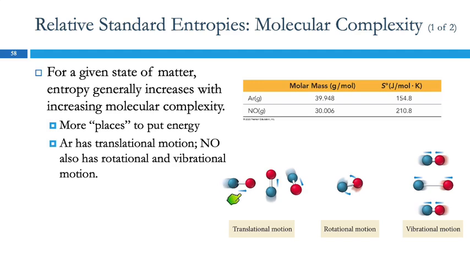Well, the NO molecule also has translational motion. It can move through space. But in addition to that, it has rotational motion. It can spin, and vibrational motion, where that bond can stretch and shrink. And so it can vibrate in itself like that. And so there's more ways that it can move, and so it has higher entropy. Any questions?